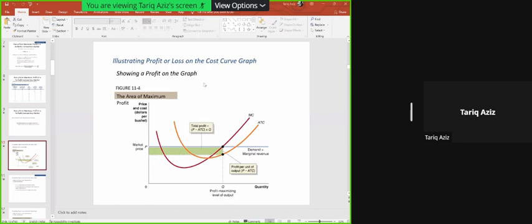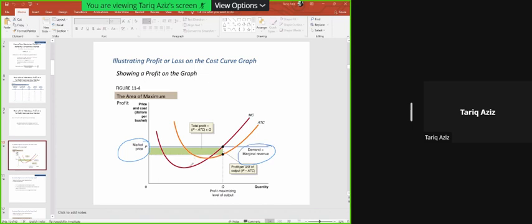So an individual firm cannot change the price. That is why this market price is a straight line. This is market price, and this is also marginal revenue.